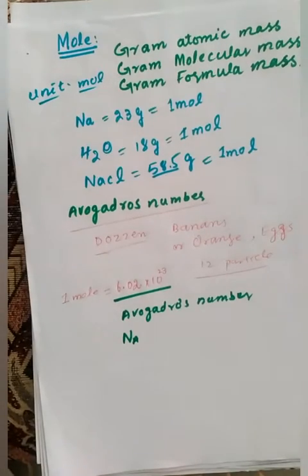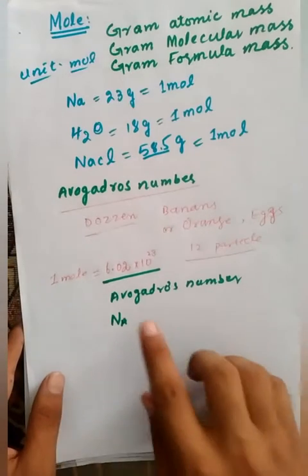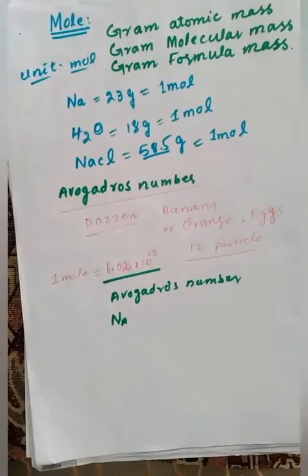There is another quantity associated with the mole, which is called Avogadro's number. It is named after an Italian scientist whose name was Amedeo Avogadro. We represent Avogadro's number by N_A, capital N with subscript capital A. So what is Avogadro's number?